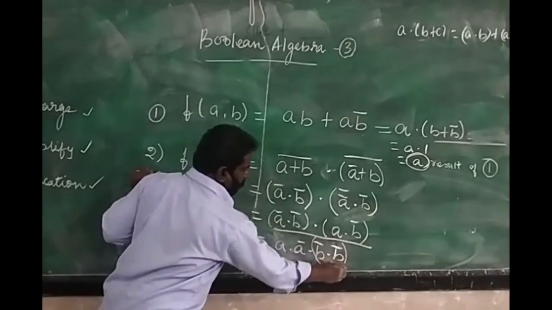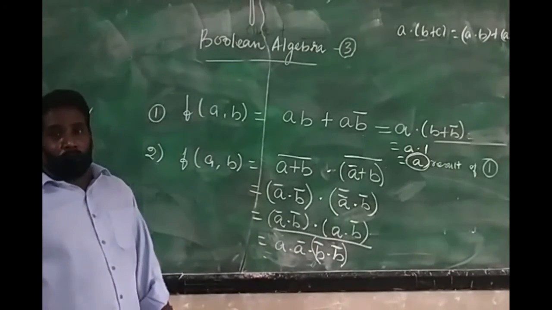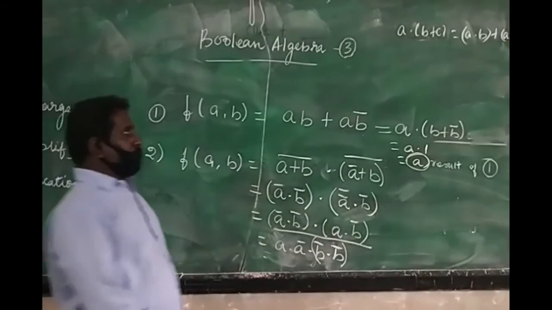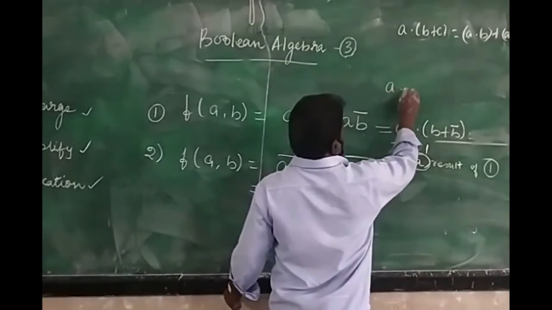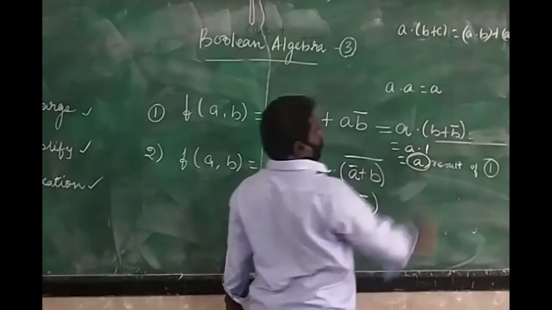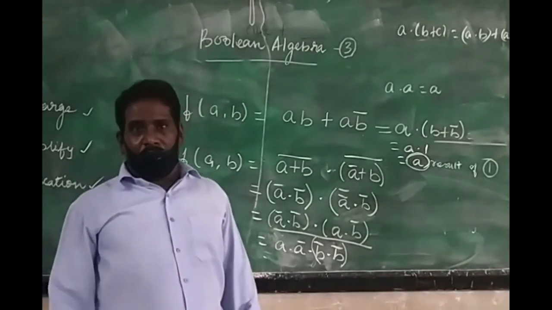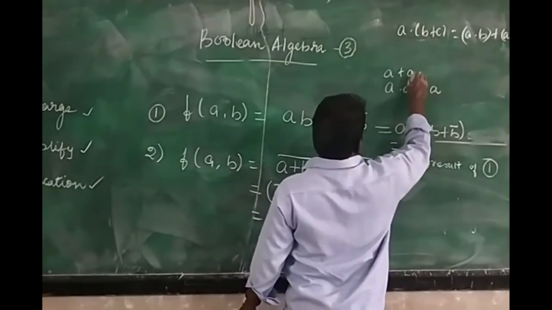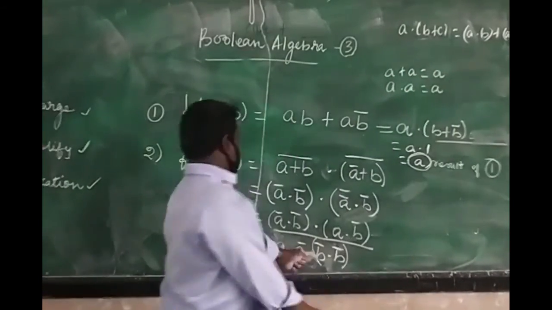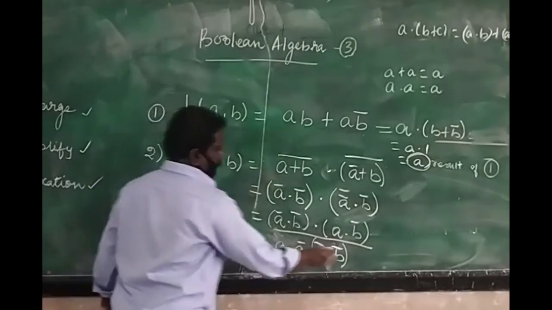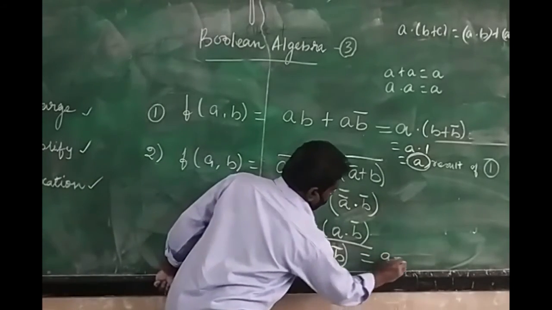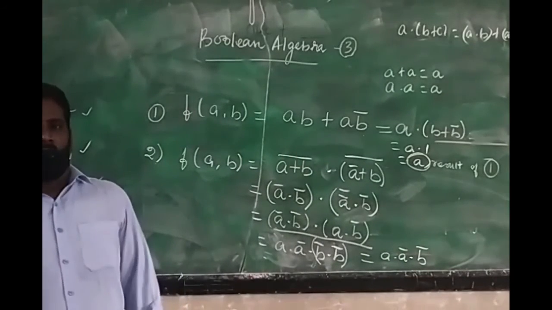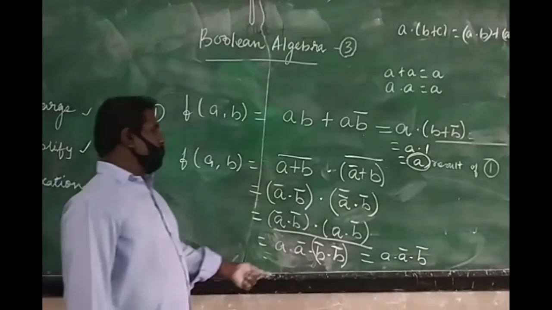B bar dot B bar dot B bar is, according to the idempotent theorem, A dot A equal to A. Its dual is A plus A equal to A. So similarly it will become A dot A bar dot B bar.